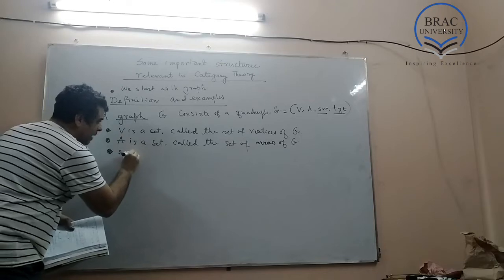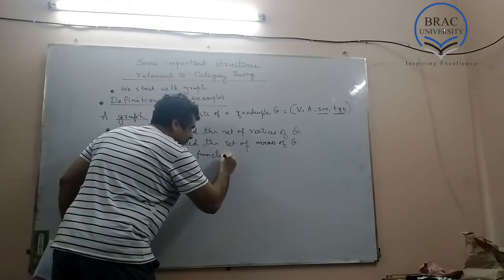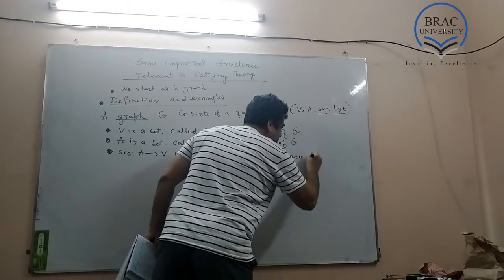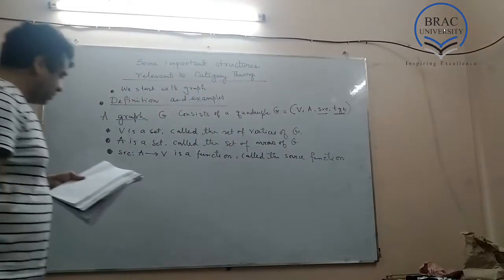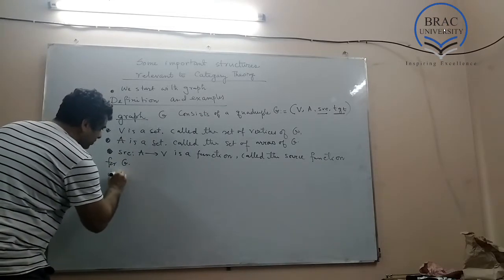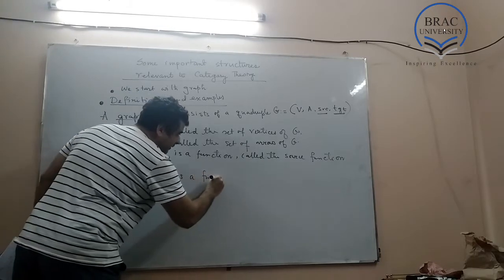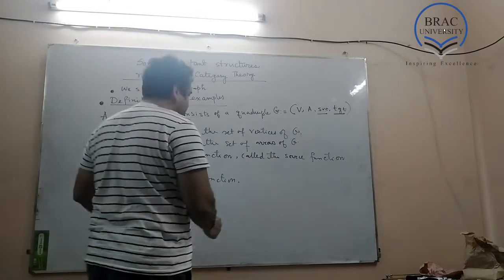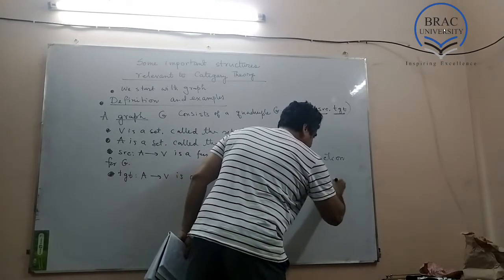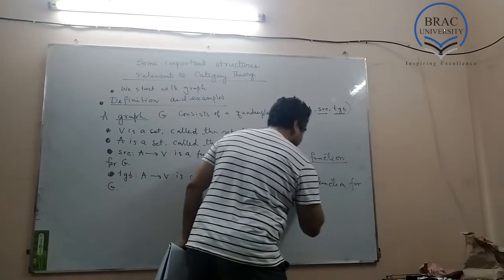So SRC is a map from A to V. This is a function called the source function for G. Then we have the target function denoted by TGT, which is a map from A to V again, a function called the target function for G. So one is the source function, another is the target function.